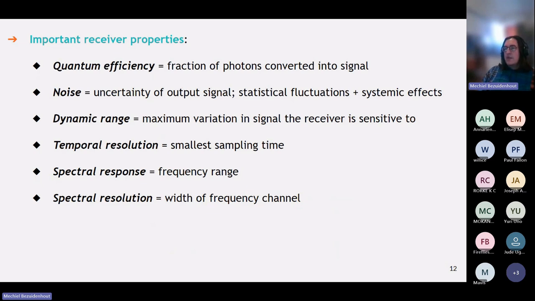The temporal resolution indicates the smallest sampling time that you're able to use to sample the voltage. The spectral response is another word for the frequency range that you're able to observe. And the spectral resolution says how finely you're able to divide that bandwidth into frequency channels.